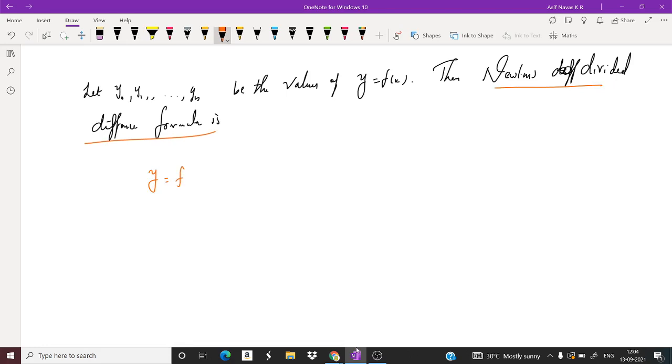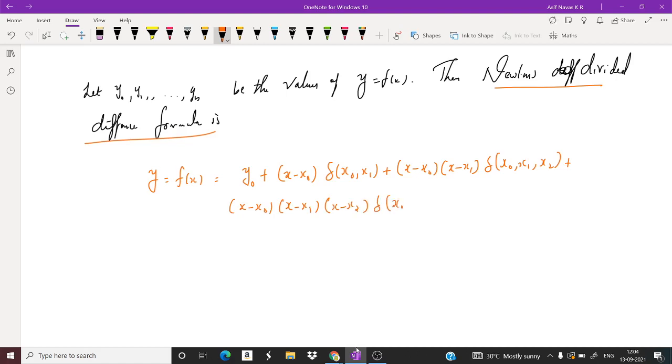y equal to f of x is equal to y0 plus x minus x0 into delta x0 x1, plus x minus x0 into x minus x1 into delta x0 x1 x2, plus x minus x0 into x minus x1 into x minus x2 into delta x0 x1 x2 x3, plus etc., up to x minus x0 into x minus x1 into etc. x minus x n minus 1 into delta x0 x1 etc. up to xn.